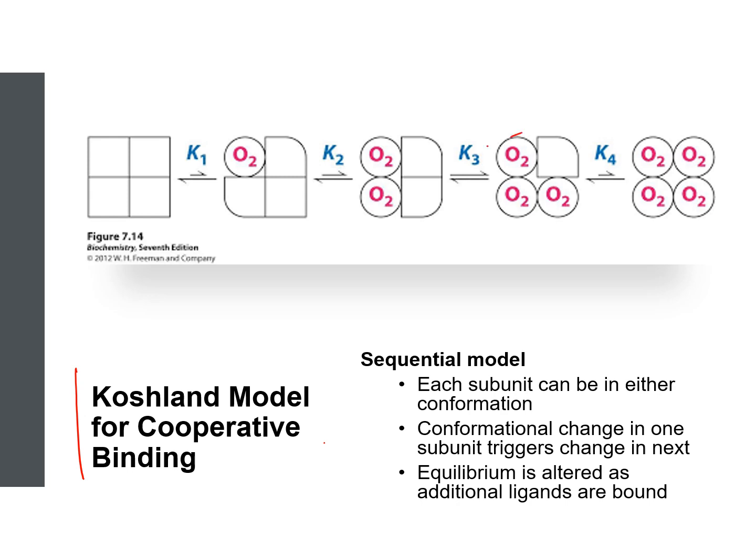There are many variations apart from the one you see here of the potential transitions, but the main thing to know is it's sequential, not all or nothing, and that a conformational change in one subunit has the ability to trigger a change in the next subunit.